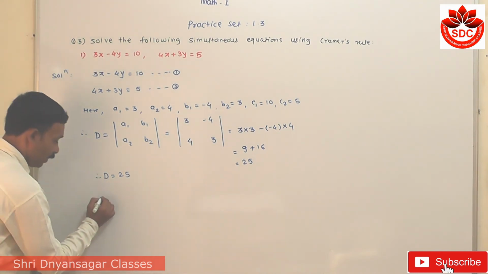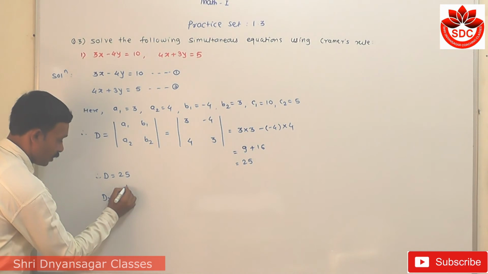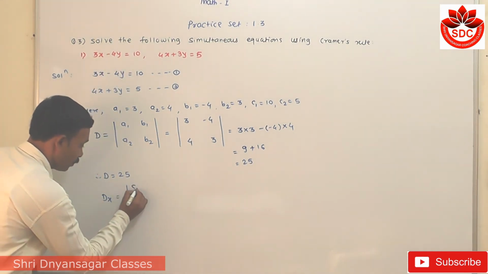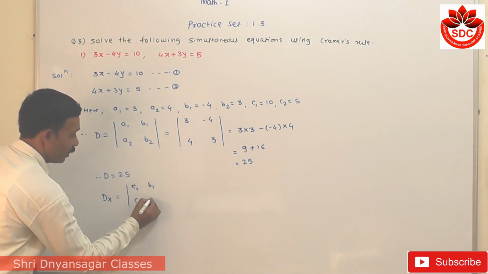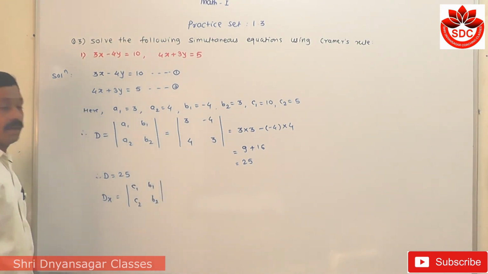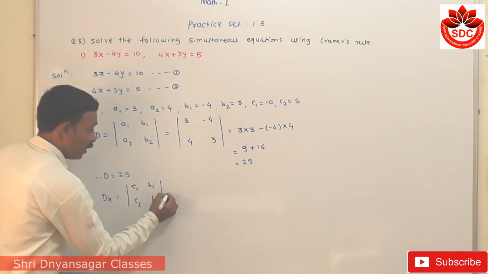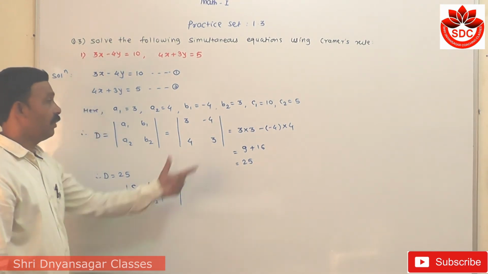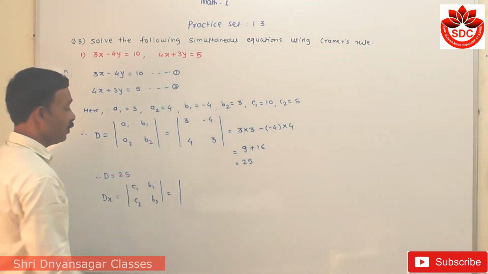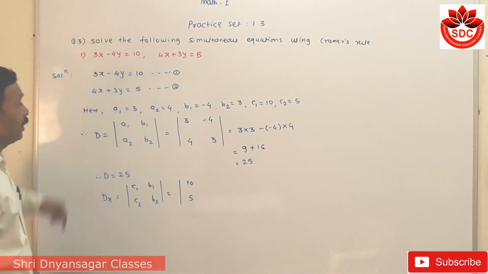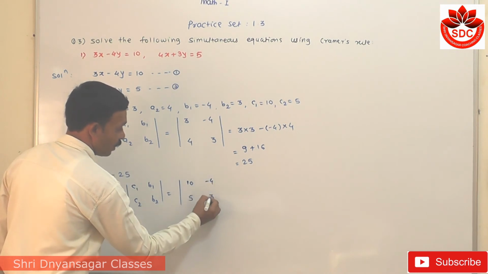Then we find the value of the determinant of x. For this, first we take in the first column the constant terms, meaning c1 and c2, and then take the remaining coefficients b1 and b2 for finding the value of determinant of x. Here c1 c2 is 10 and 5, and then b1 b2 is minus 4 and 3.